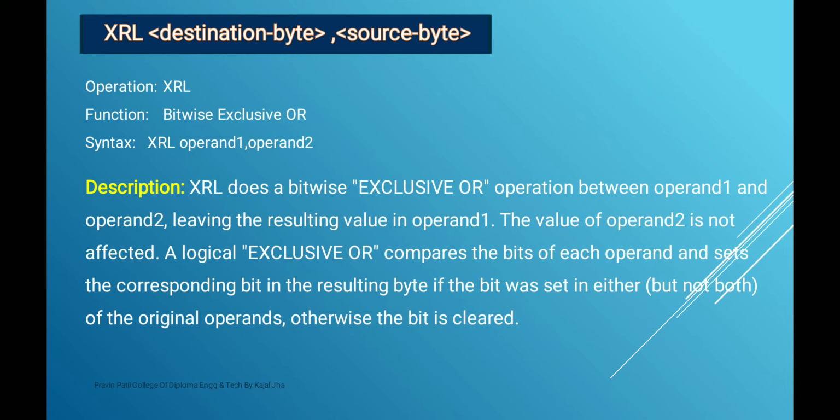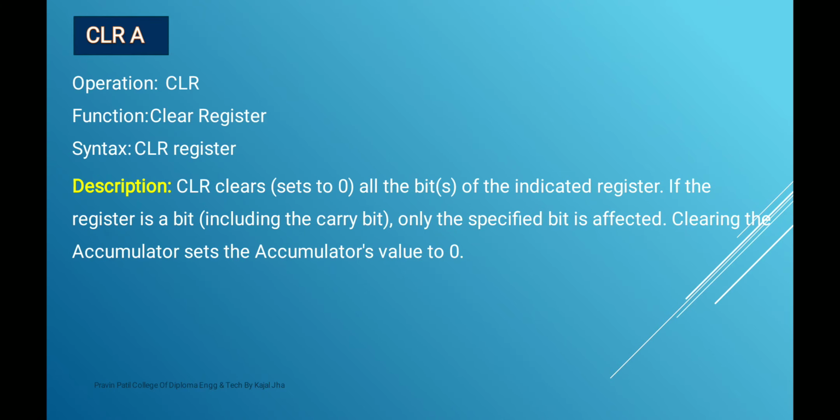Okay, so after that, CLR A. The function of this instruction is to clear the register. Whatever information is present in that register, after the execution of CLR A the accumulator is totally cleared and gives the value 00H.